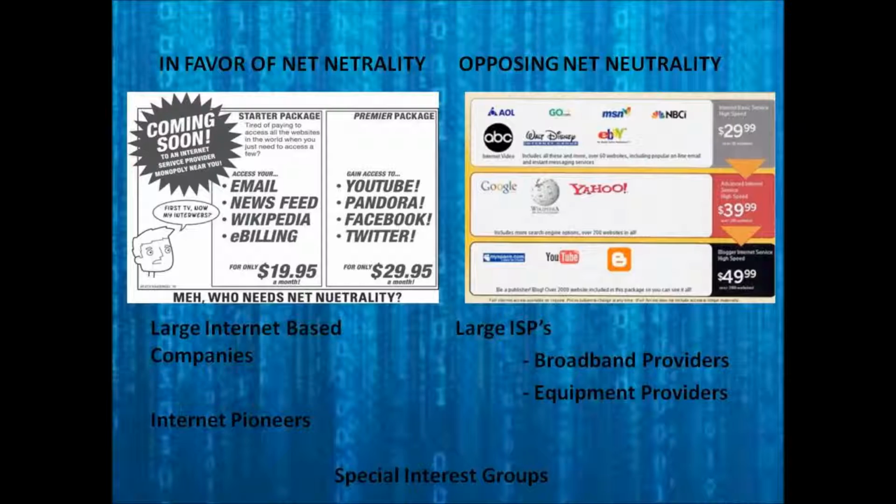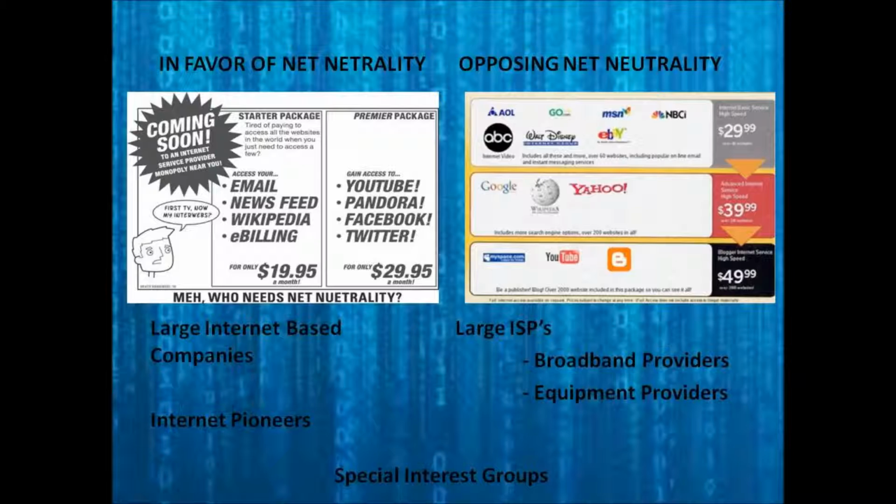So some of the people that are for net neutrality include large internet-based companies, including Amazon, eBay, Google, Microsoft, and Yahoo. Some of the people that are for net neutrality include the internet pioneers themselves, such as Tim Berners-Lee and Craig Newmark. Contrarily, opposition, of course, includes large broadband providers like AT&T, Comcast, and Verizon.